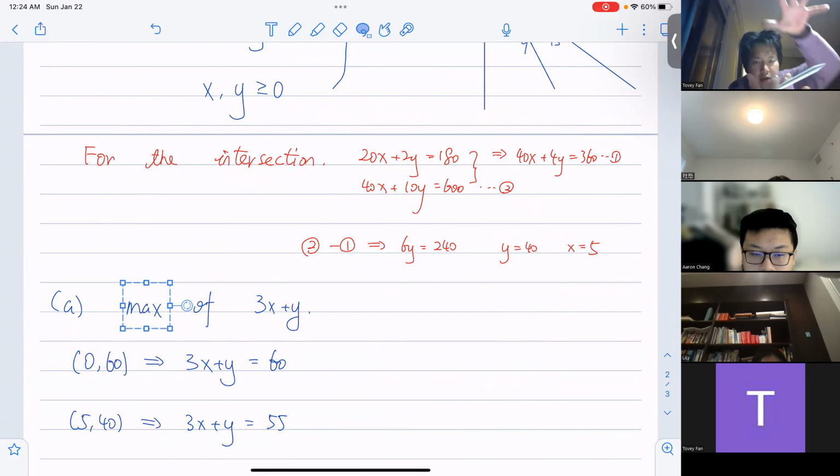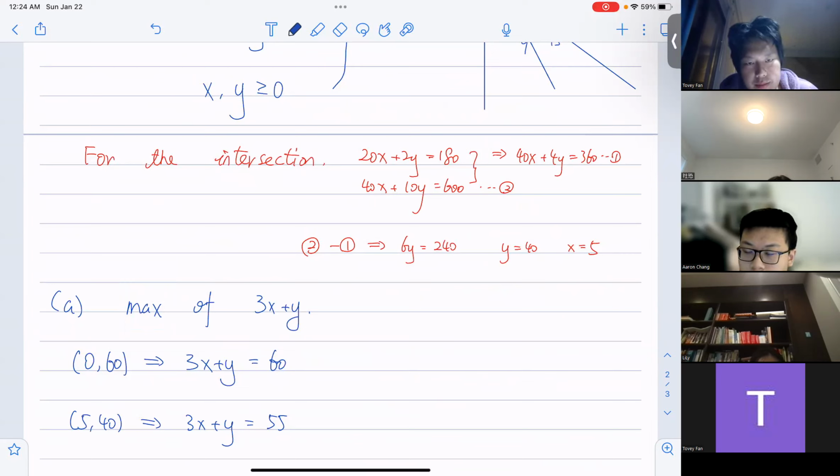No matter which way you move, you will always move out of the region if you move sufficiently far. So there must be a maximum value and a minimum value for anything.